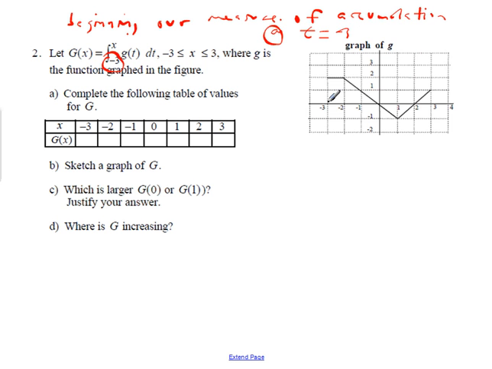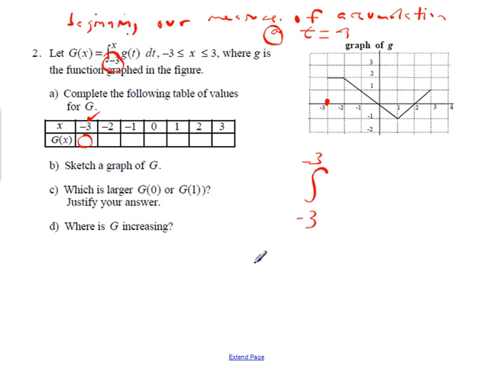So this is where we're starting our measurement. So when x equals -3, we're integrating from -3 to -3. So there's no base. So our g of x function would be 0.